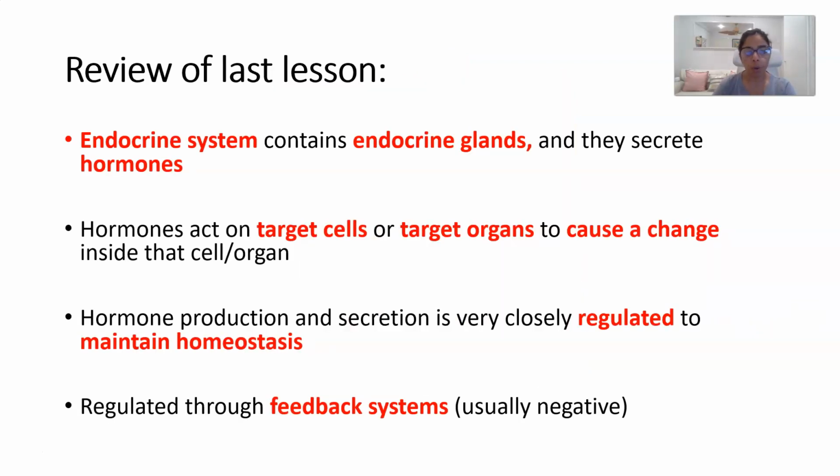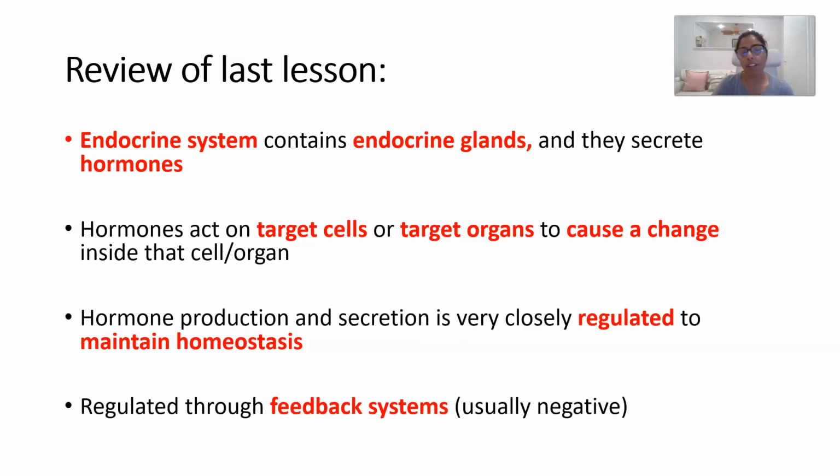So just to review what we already know about the endocrine system, we know that it is a collection of organs that have endocrine glands in them, and these glands will secrete specialized chemicals called hormones.